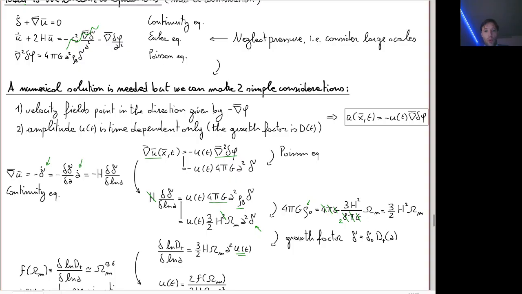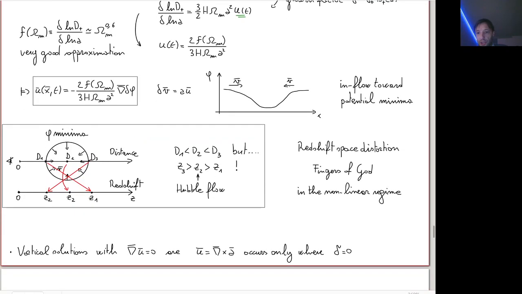What are going to be our assumptions? One is that the velocities are aligned along the gradient of the gravitational potential. Why? You can imagine an overdensity, a blob of material which is slightly denser with respect to the surrounding. How is the gravity going to look?